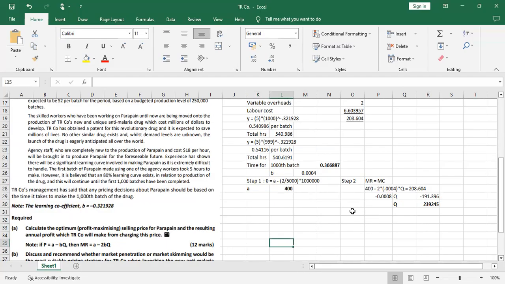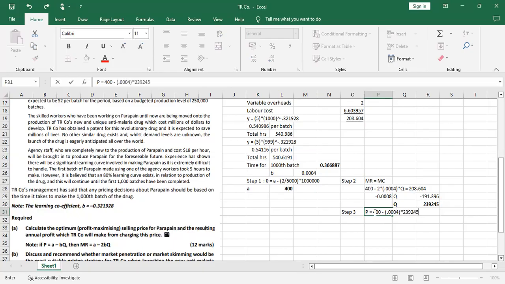Now you can solve your step number 3. Your step number 3 is basically relevant with optimum price. So P is equal to A is 400 minus B is 0.0004 into Q is 239,245.